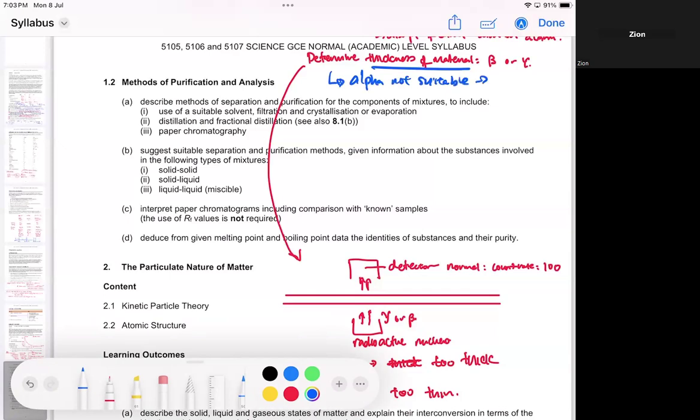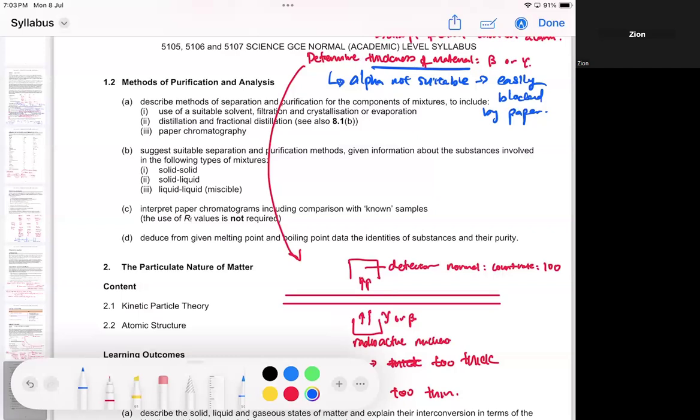Because the penetration is very low. Correct, it is easily blocked by paper. So even paper can block it, you cannot do anything. No matter what, if you use alpha particles, because of its low penetrative ability, your detector cannot detect anything. Then it's a waste of time.